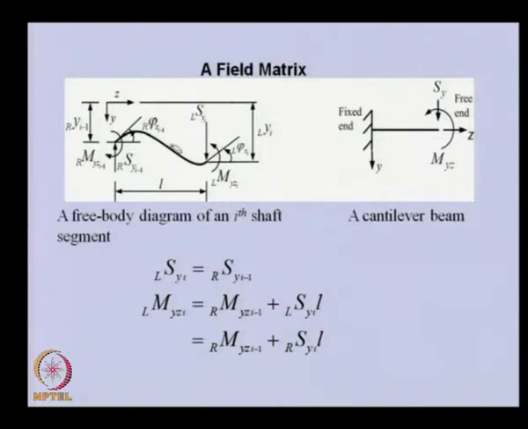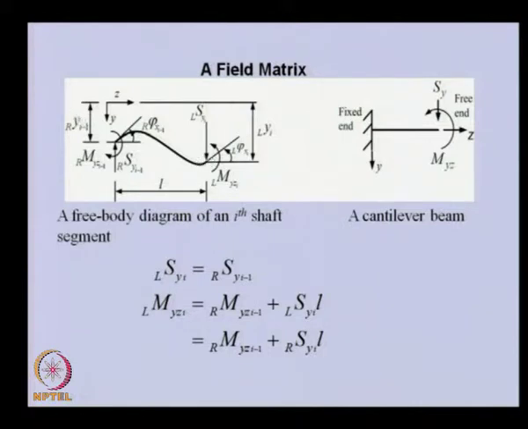We have taken the free body diagram in one of the planes, and similar relations will hold for the other plane, because this shaft is symmetric. For the yz plane, one end of the shaft has linear displacement y. This is the ith shaft, so we have the i minus 1 disc on the left-hand side of this shaft, and toward the right side we have the ith disc.